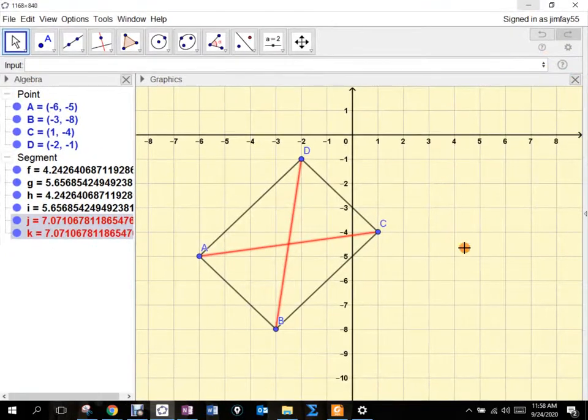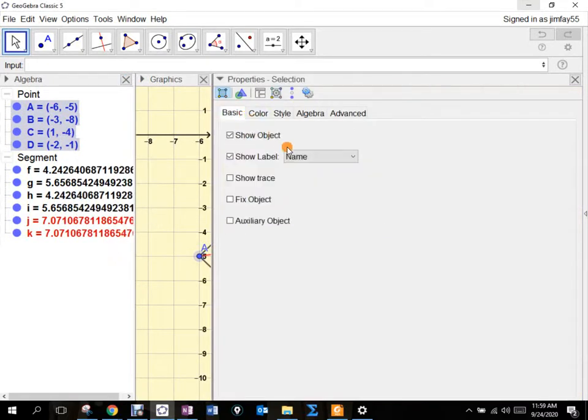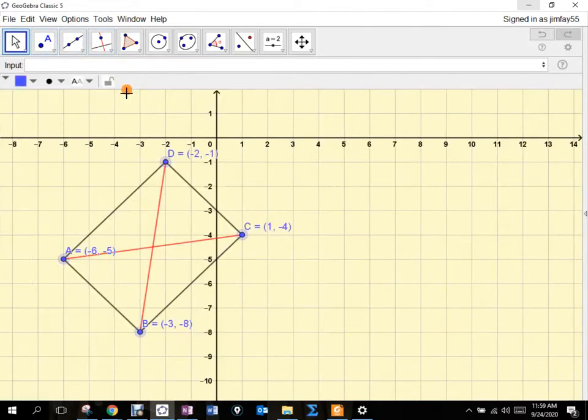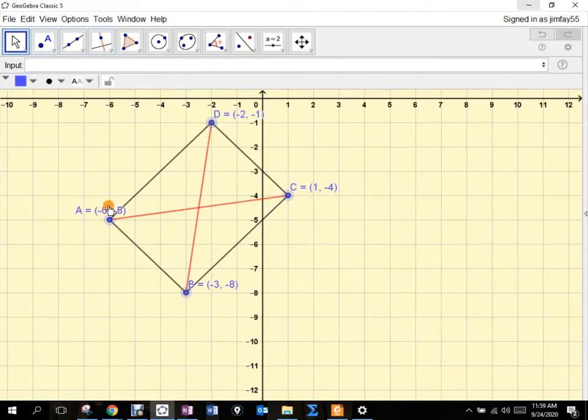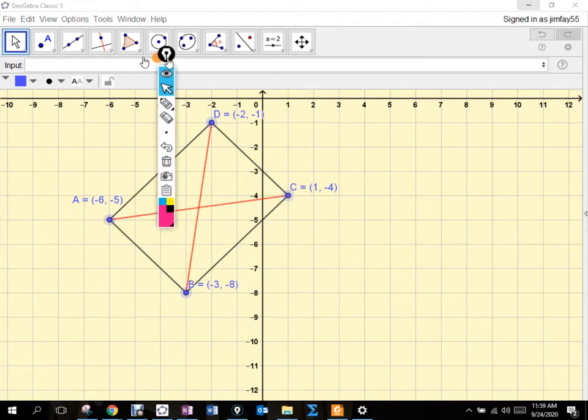All right, so talking about those red segments, it wants to figure out what are the coordinates of the midpoints of those red segments. So let's just look at working with A to C. If I'm doing A to C, we want to find the midpoint. Midpoint formula says add your x's, divide by 2.